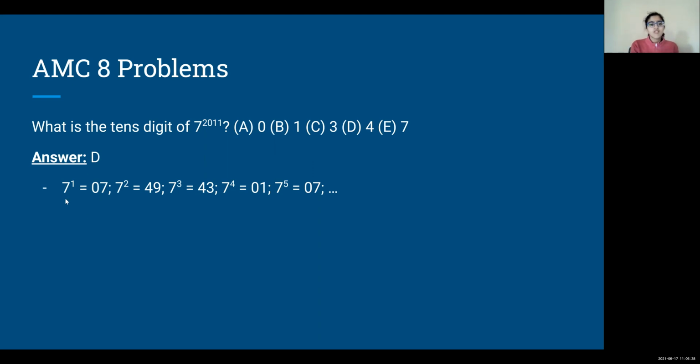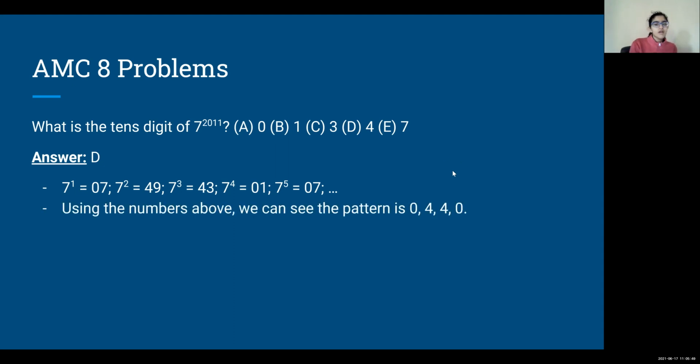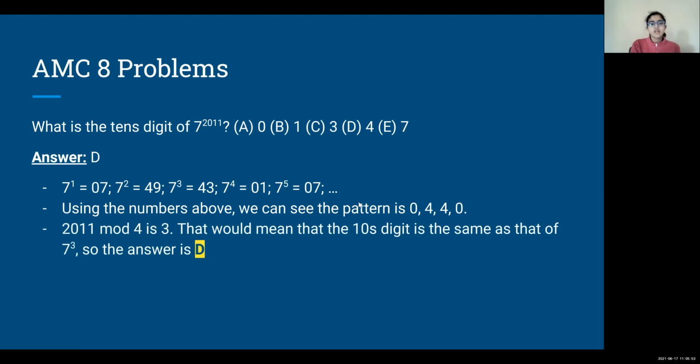Using the numbers above, we can see the pattern is 0440, and 2011 mod 4 is equal to 3. And 7 to the power of 3 has a tens digit of 4, so the answer is D.